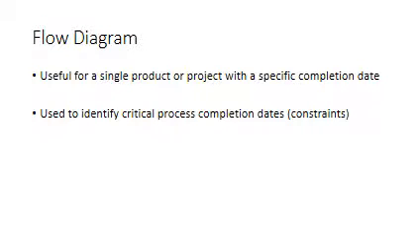Again, the flow diagram is the one where you visually look at how much time each step requires and at what point in the process the step starts, and whether there is enough time after each step takes place that you are completed before the due date.